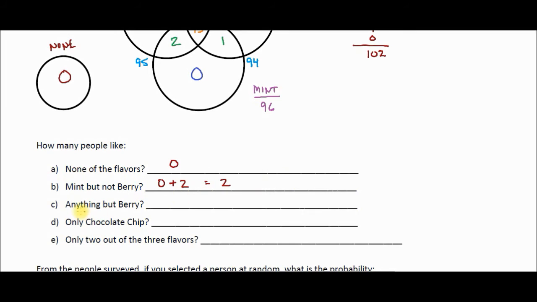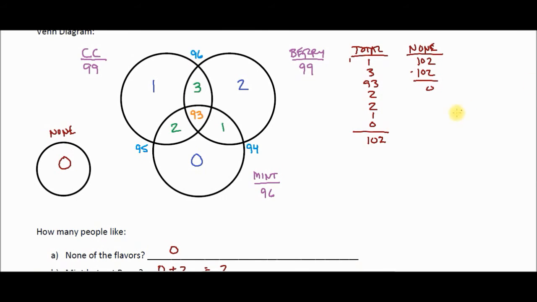How many people like anything but berry? That means I'm happy with any other flavor, but not berry. Anything but berry. So let's take a look at this. Well, all these people like berry. This circle of berry. So they're all out.